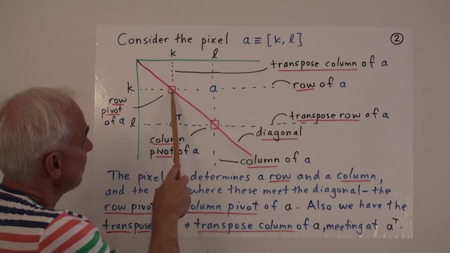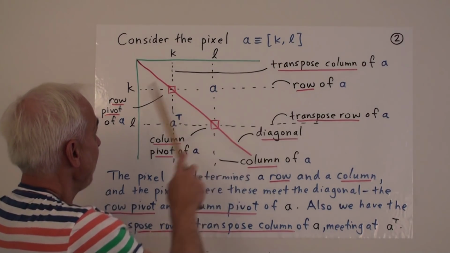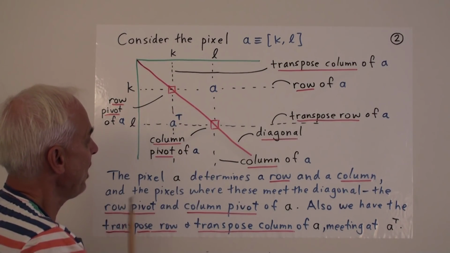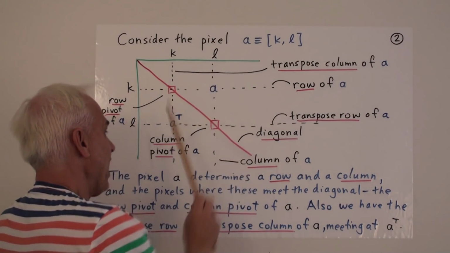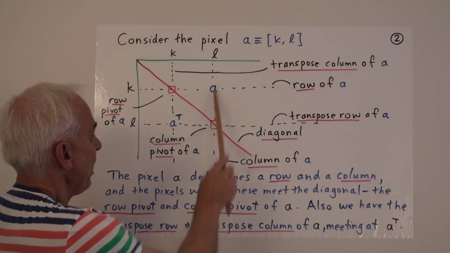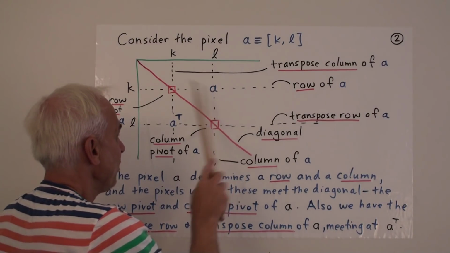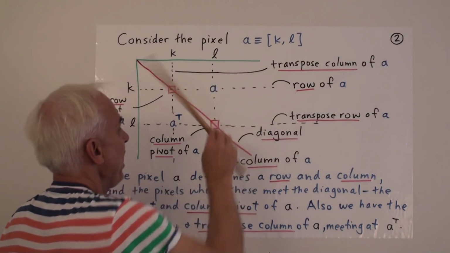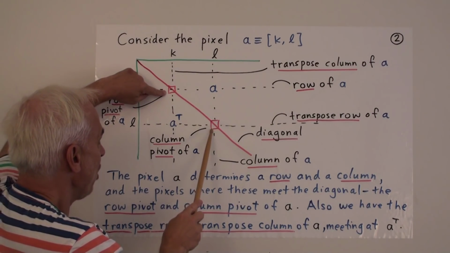It's the pivot consisting of the pair KK. And correspondingly, this point here, the place where the column of A meets the diagonal, will be called the column pivot of A. Its coordinates are LL. So we have the original pixel, we have the row of A, we have the column of A, we have the row pivot of A, we have the column pivot of A.